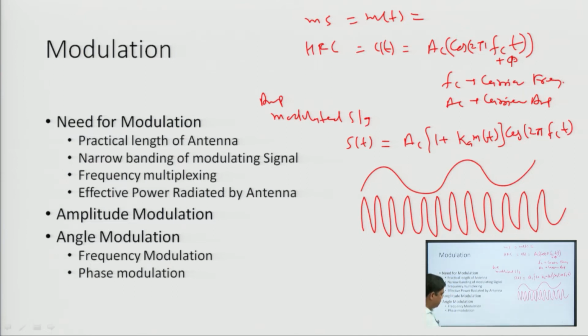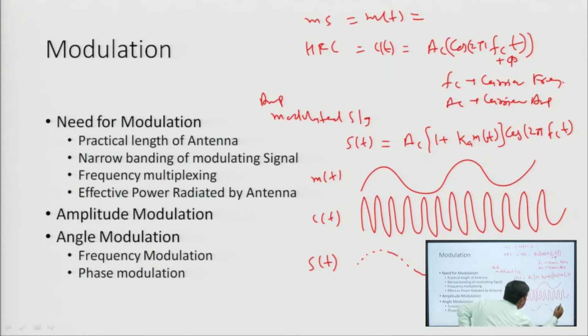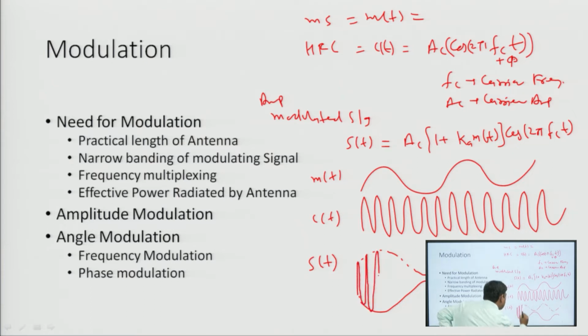Then its amplitude modulated waveform, it is m(t), it is c(t), then amplitude modulated waveform s(t). And here it is like this, it is an amplitude modulated waveform, at a constant frequency.